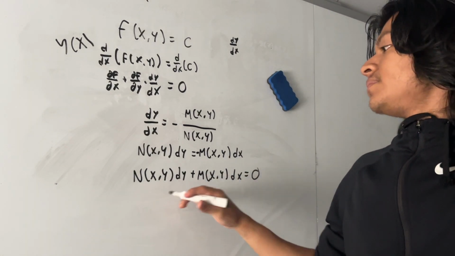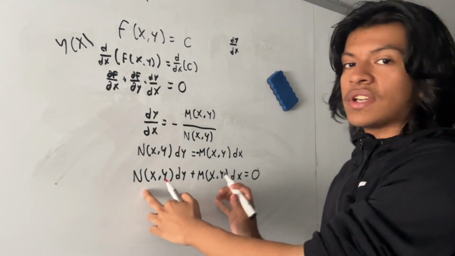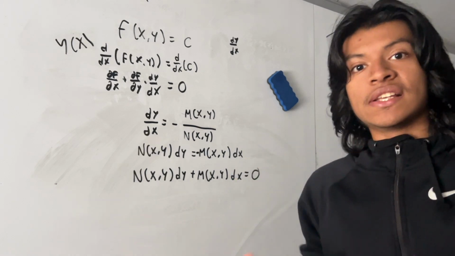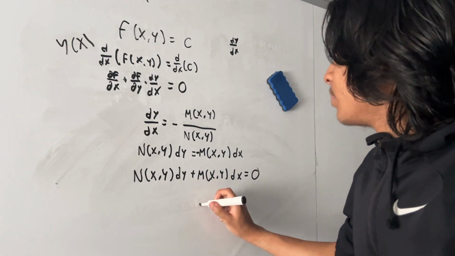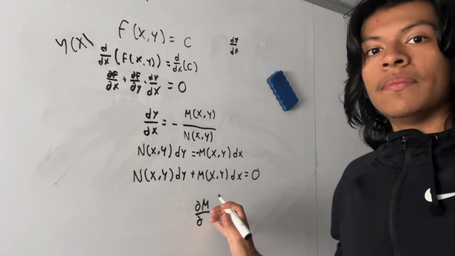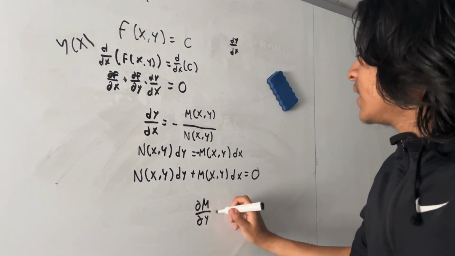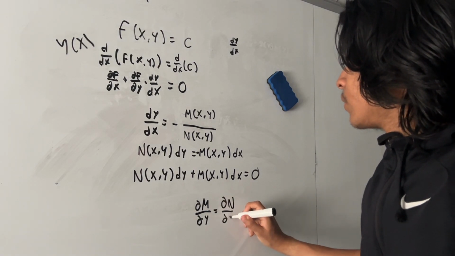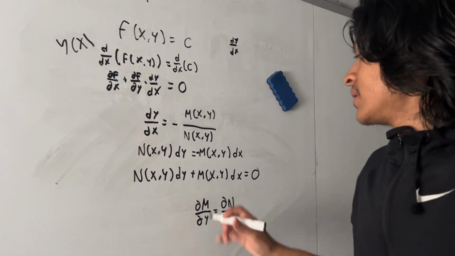And here, there's the condition that we want to follow: if this differential equation has an exact solution, then the partial of m with respect to y has to be equal to the partial of n with respect to x.